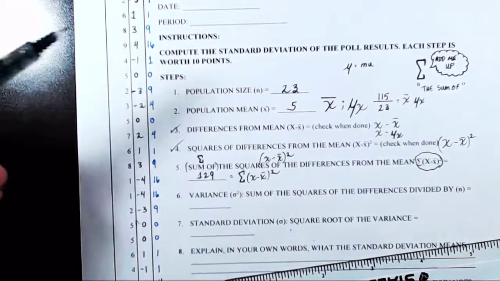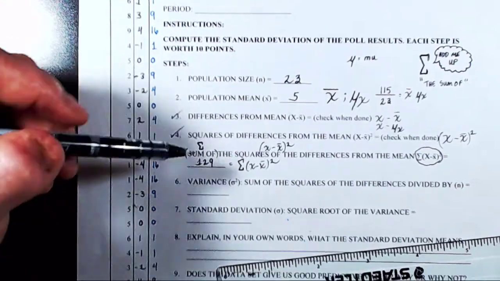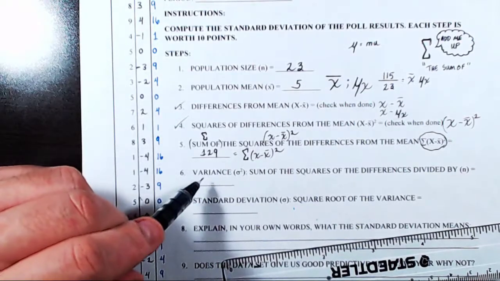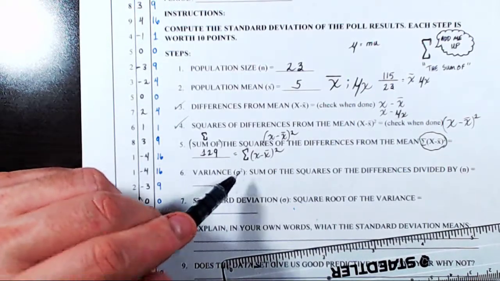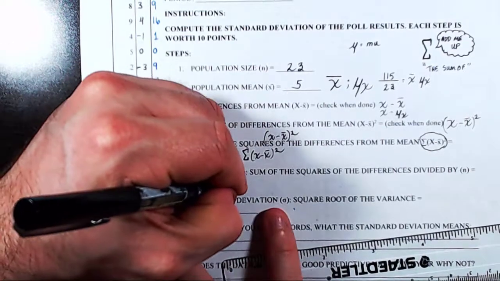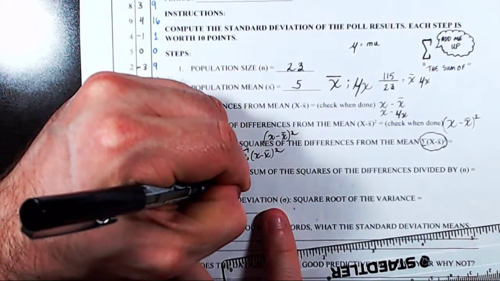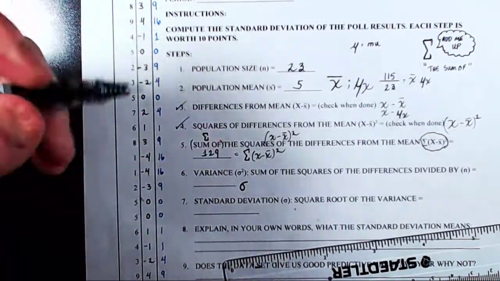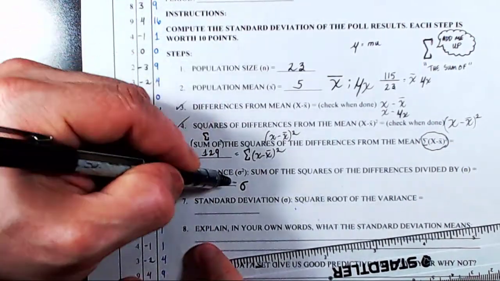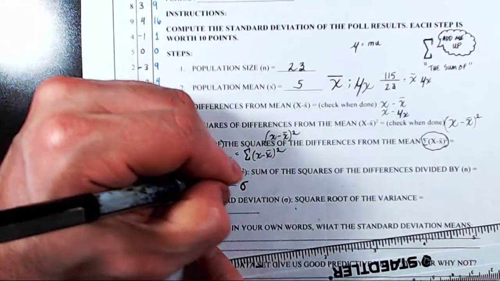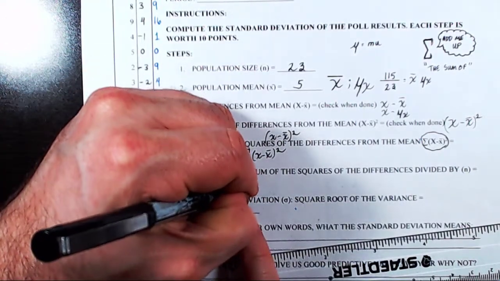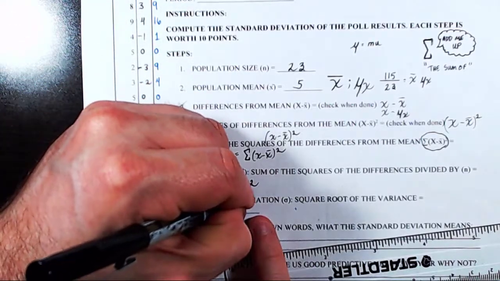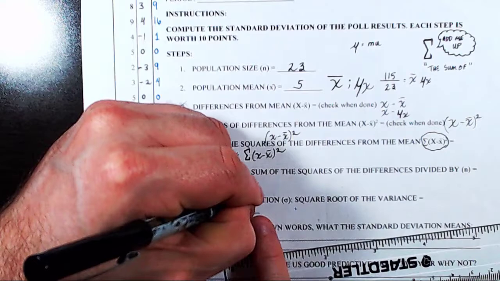Now, number 6, we've arrived at an actual statistical calculation that's useful. This thing called the variance, or sigma squared. This is the Greek letter sigma. It kind of looks like a 6 that's fallen over or a 9 that's fallen over. Sigma, S-I-G-M-A, sigma squared.